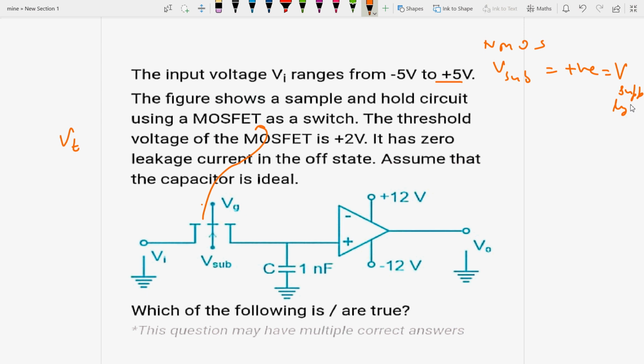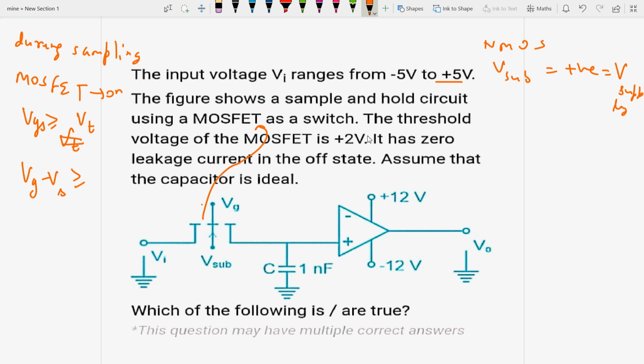Equal to supply voltage. So during sampling, MOSFET must be on. Okay. During sampling, MOSFET must be on. So VGS must be greater than or equal to how much? Threshold voltage. That means Vg minus Vs should be greater than or equal to threshold voltage.